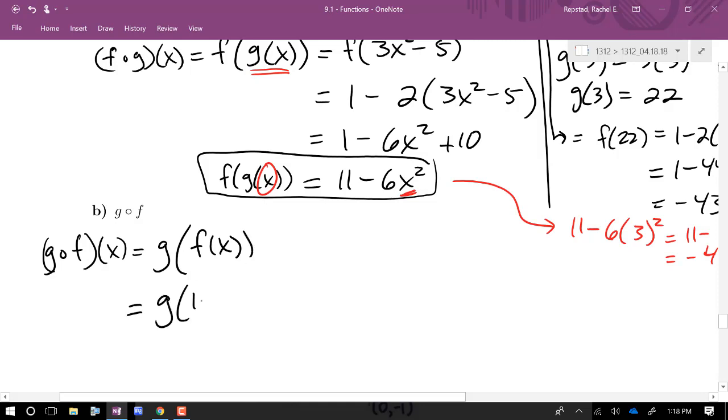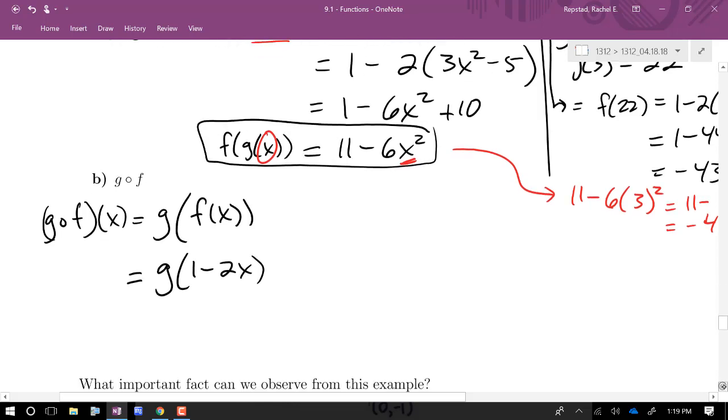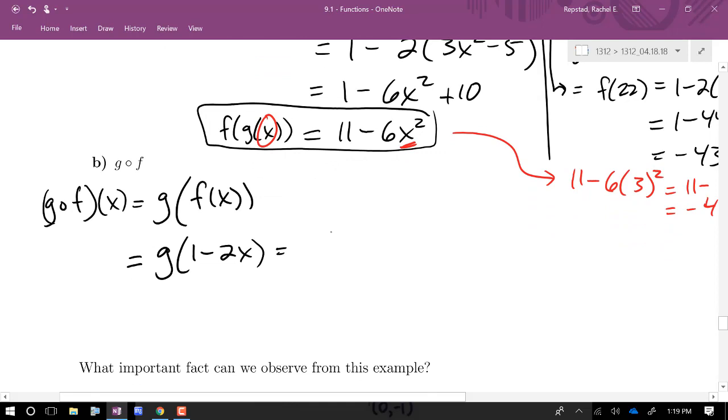So we want G of 1 minus 2x. And this is the expression that we're going to plug into the G function. And the G function is 3 times something squared minus 5. And so this input will be 1 minus 2x.